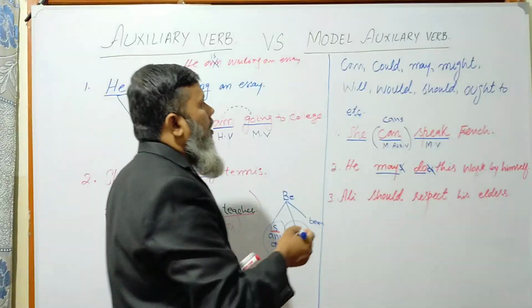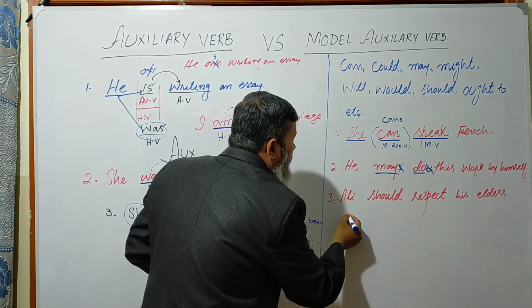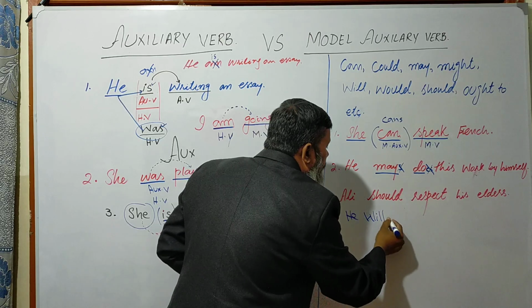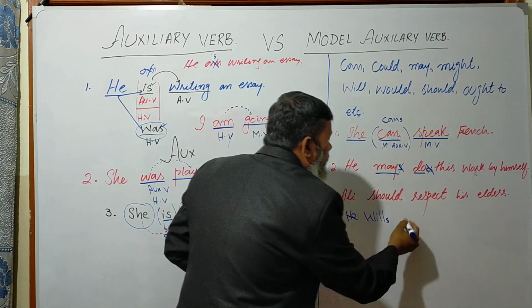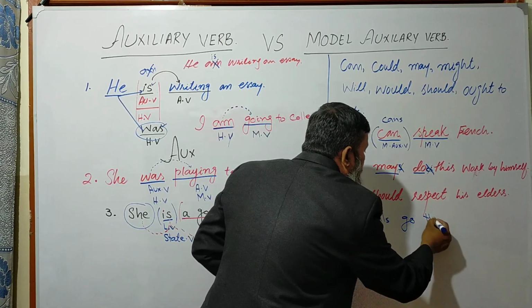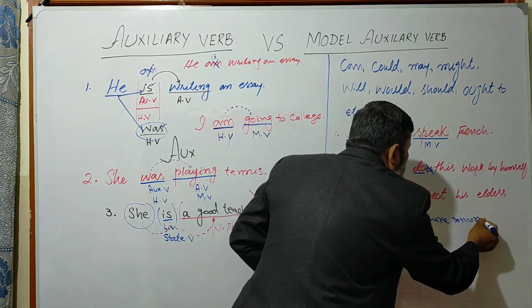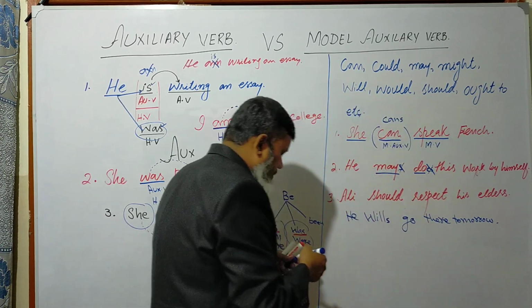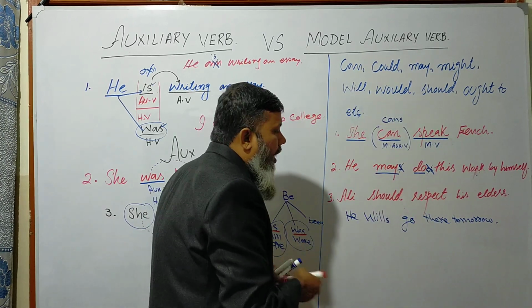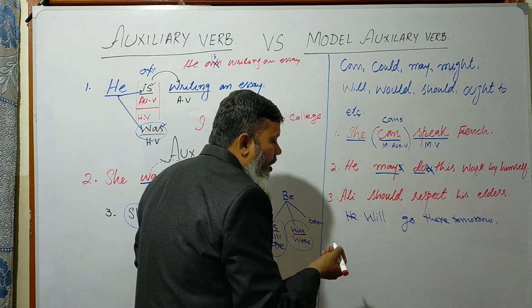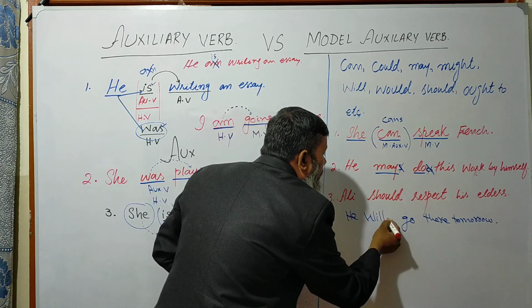I think you have understood the difference between auxiliary and modal auxiliary verbs. Neither can we say "he wills." He will go there tomorrow. My dear, "he wills go there" is not correct grammar. We say "he will," so there is no S form of will.